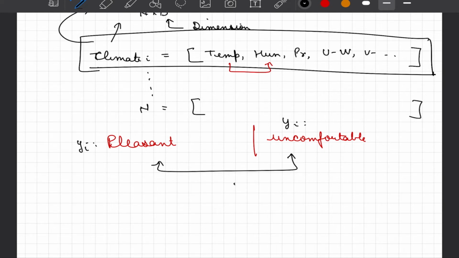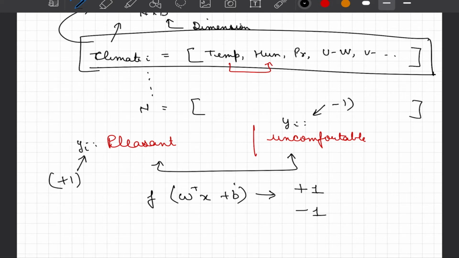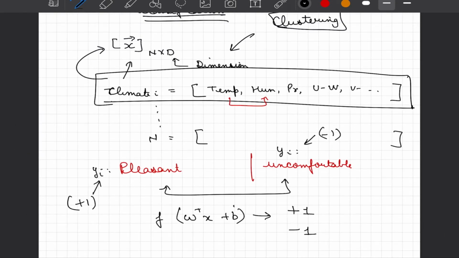We want to train a classifier such that whenever we give some x input and add some bias, we should get an output of +1 or -1, where +1 is the state associated with the condition being pleasant and -1 is the state associated with the condition being non-pleasant or uncomfortable. Now you can change this temperature with any kind of variables of your choice.